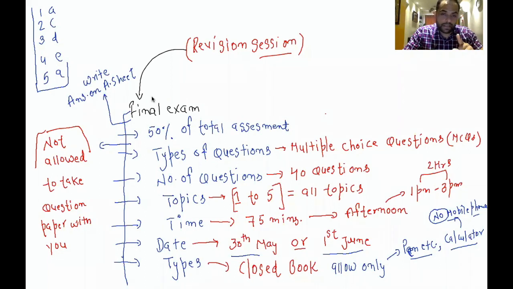And besides pen, you are not allowed to share a calculator. Bring your own calculator. Make sure you check at home that your calculator is working fine. If it's not, check the battery or buy a new one. The idea is you cannot share a calculator in your exam room.